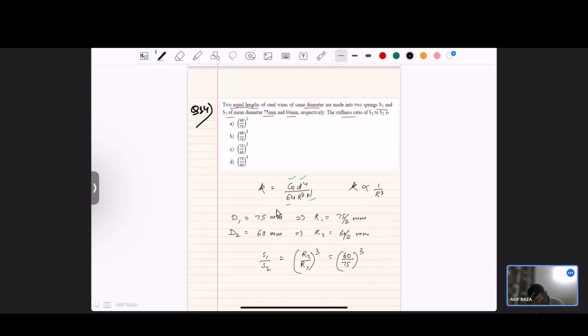Okay, so the number of turns also plays a role, because the length of the wire will also come in handy, right?